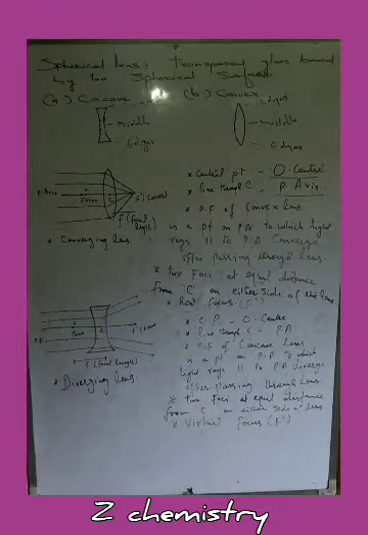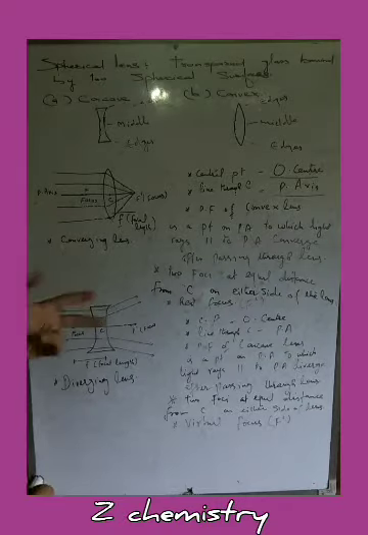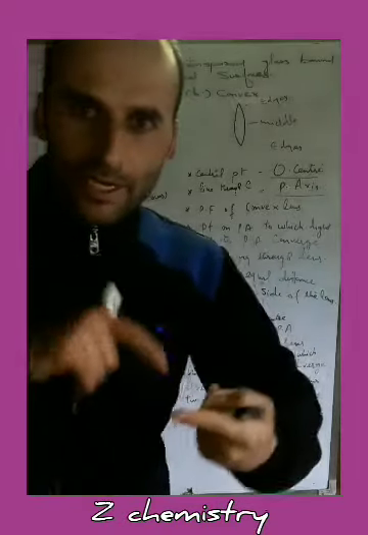When a parallel beam of light, or when light rays, propagate parallel to the principal axis, after passing through the convex lens they converge or meet at a point.